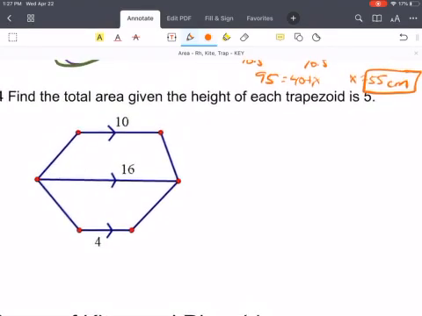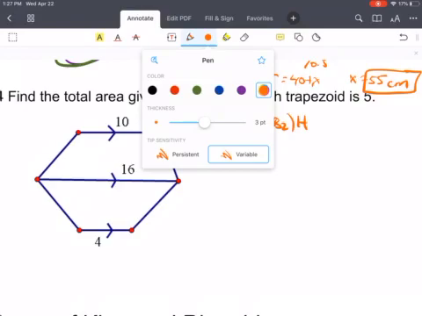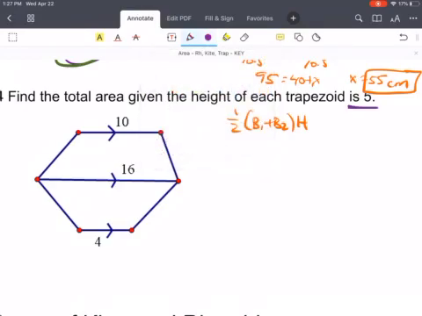For number 4, we're just talking about two separate trapezoids. So first off, remember the formula again. Half of base 1 plus base 2 times the height. It tells us that the height of each of these trapezoids is 5. So 5 and 5.